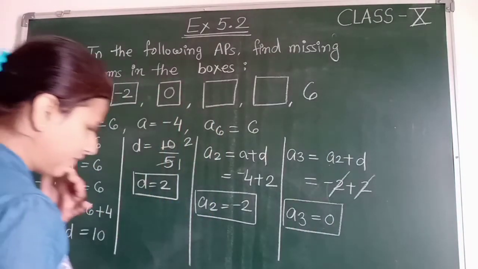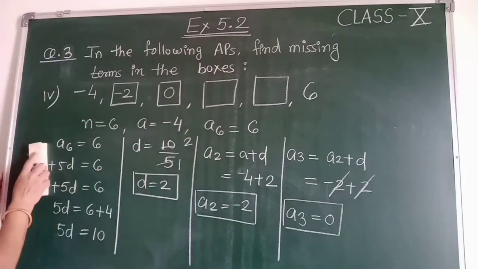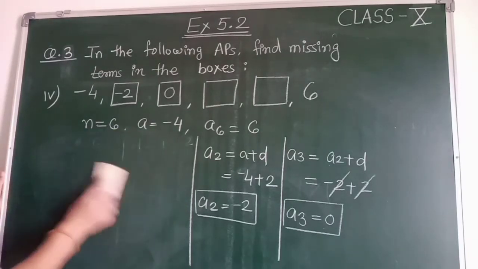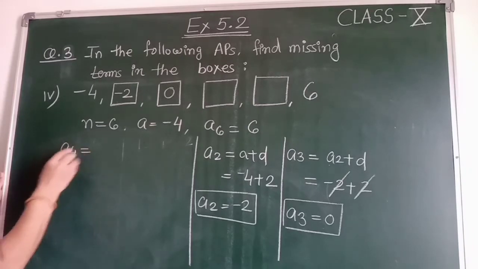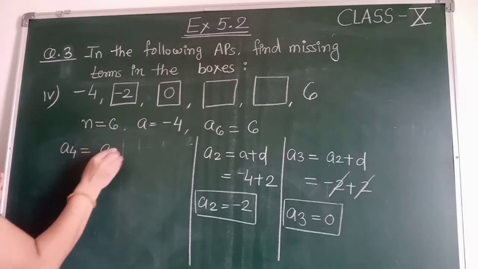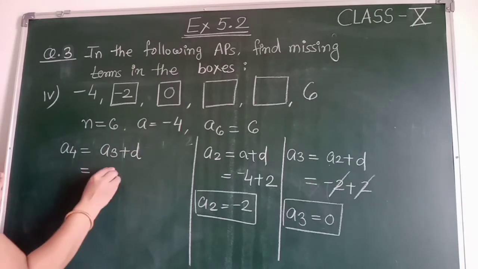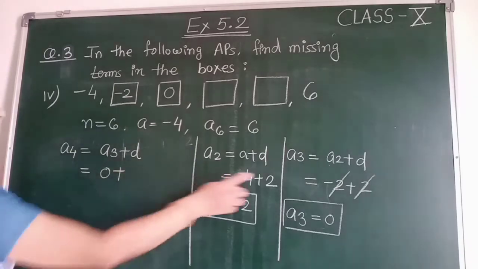Now we will find the fourth and fifth term also. For finding the fourth term, just add D to the third term. Third term is 0. The value of D is what? The value of D is 2.